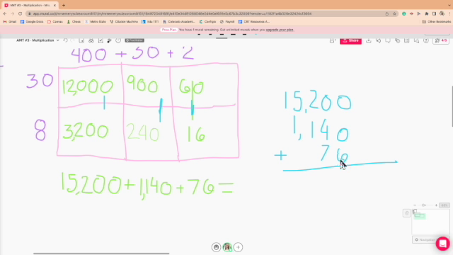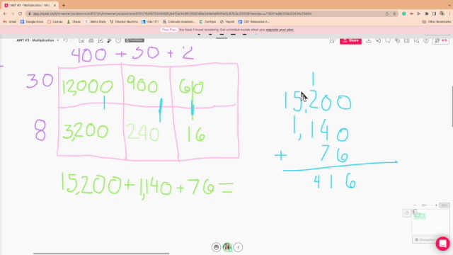0 plus 0 equals 0, plus 6 equals 6. 0 plus 4 is 4. Plus 7, so we just know 4 plus 7 is 11. So I have the 1 down here. Carry the digit up here, redistribute, and we have 1 plus 2 is 3, plus 1 is 4.